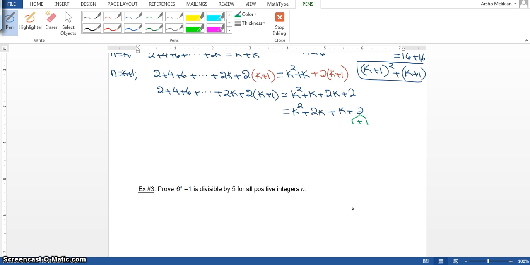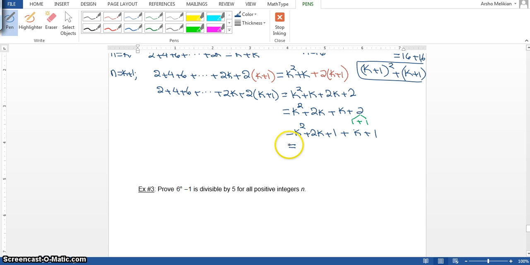Okay? So I'm going to rewrite this as k squared plus 2k plus 1, right, with one of these, plus what's left now? k plus 1. Okay? It's an odd thing to do, but that's what we do.